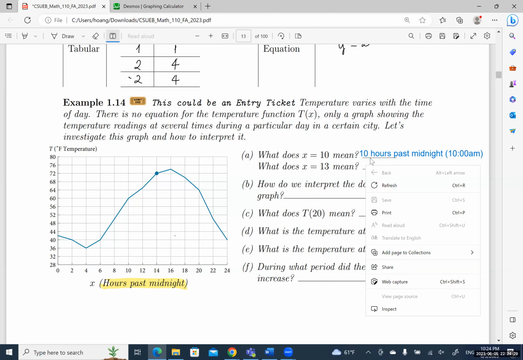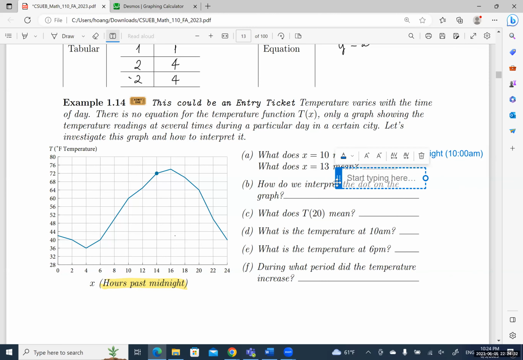It is 13 hours past midnight, or I would say 1 p.m.